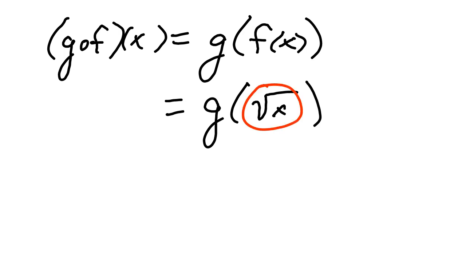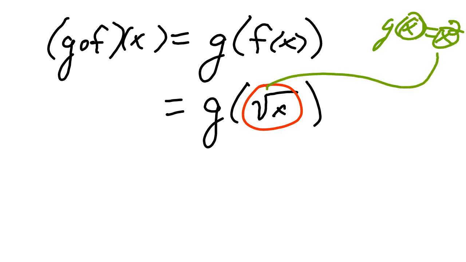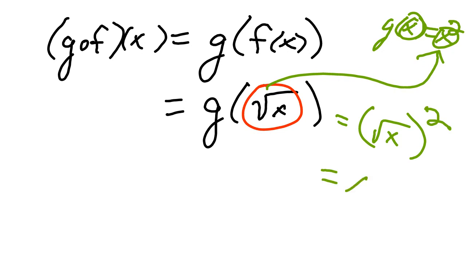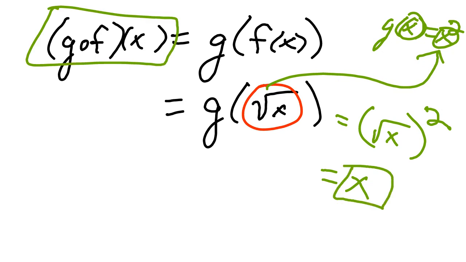And g of x was x squared, right? So g of anything is that anything squared. So this is going to end up being the square root of x quantity squared, and that equals x. So g composed with f evaluated at x equals x.